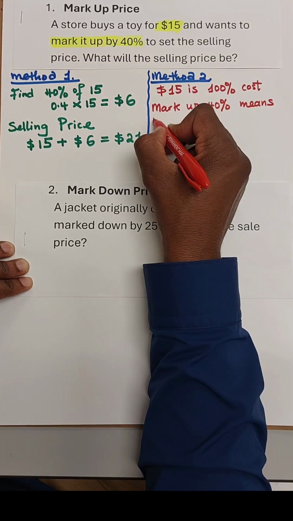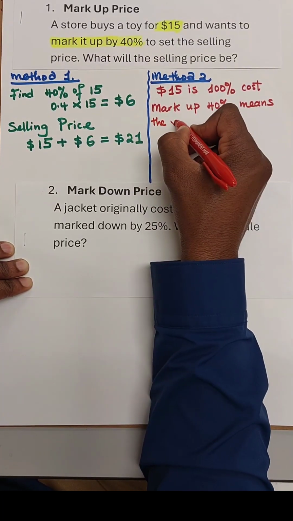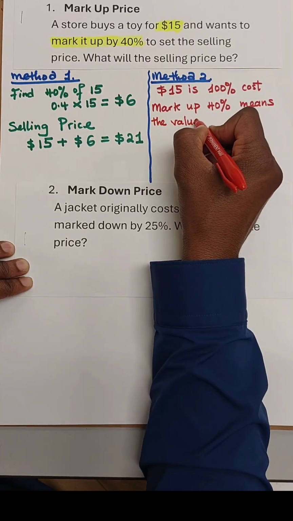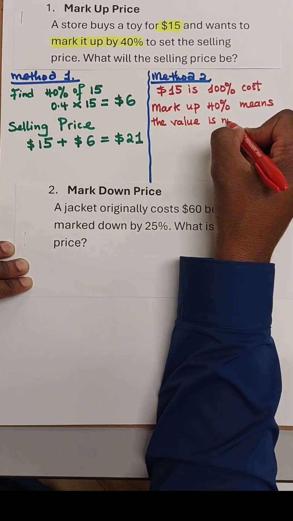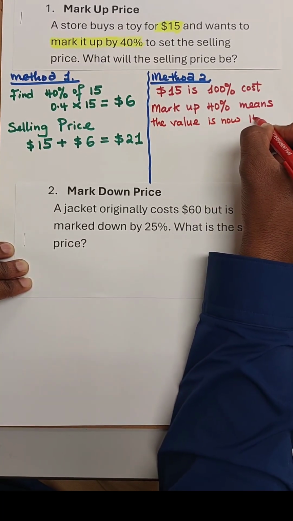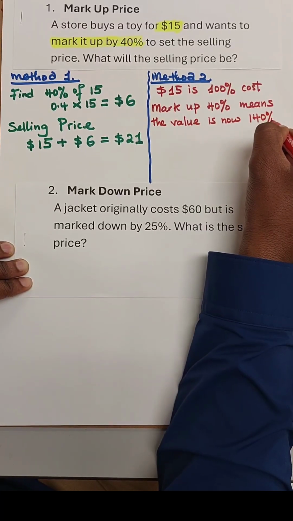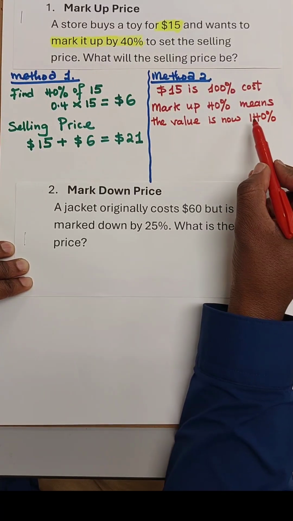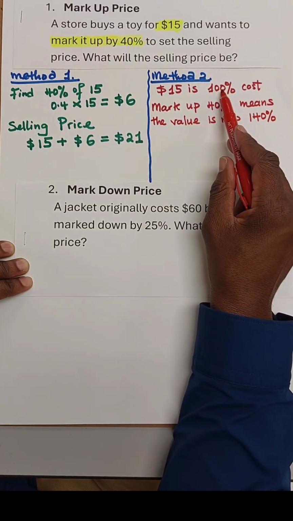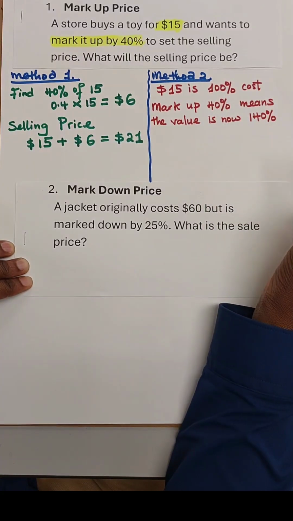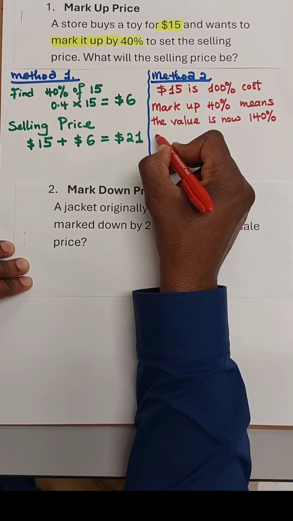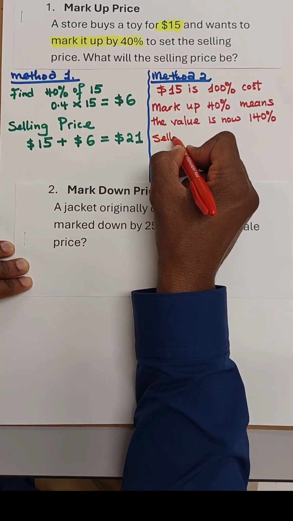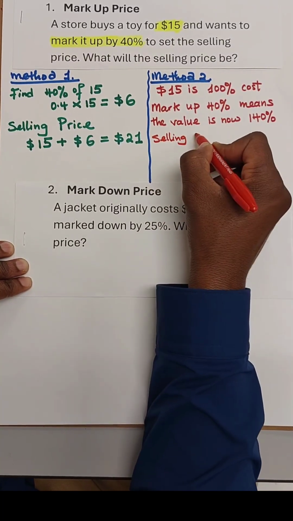means the value is now 140%. So what did I do? I added this 40 to that 100% of the original price. So now this is the value. This is the second method.